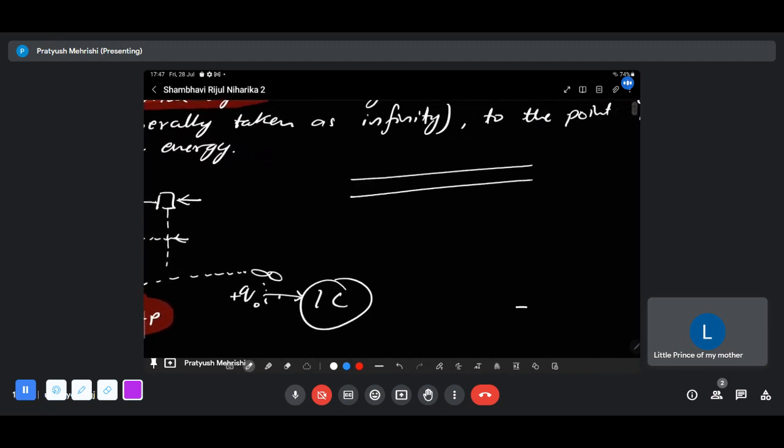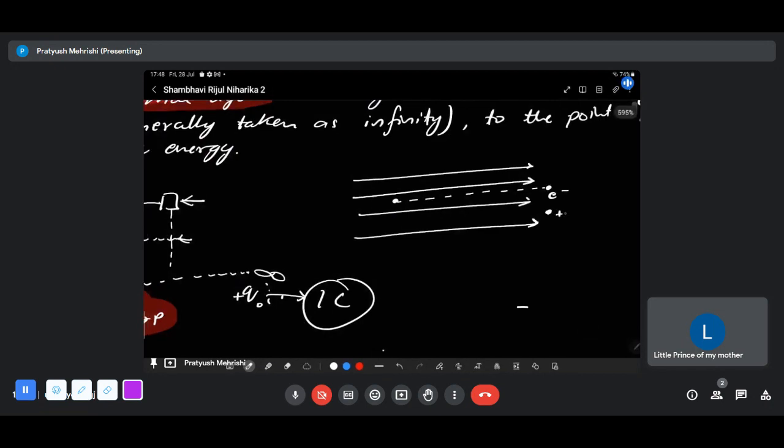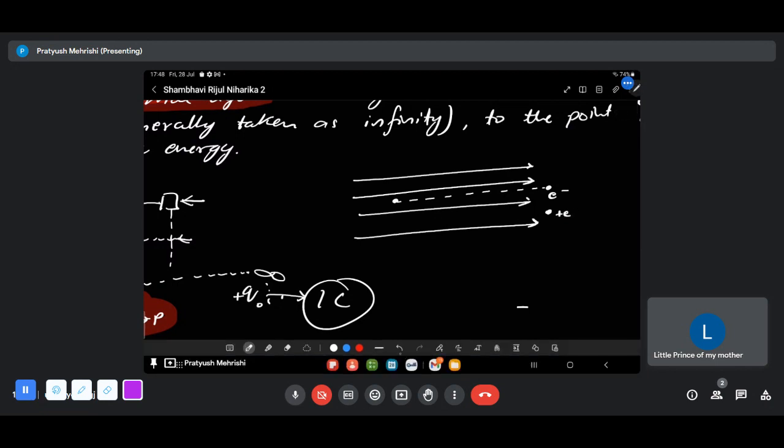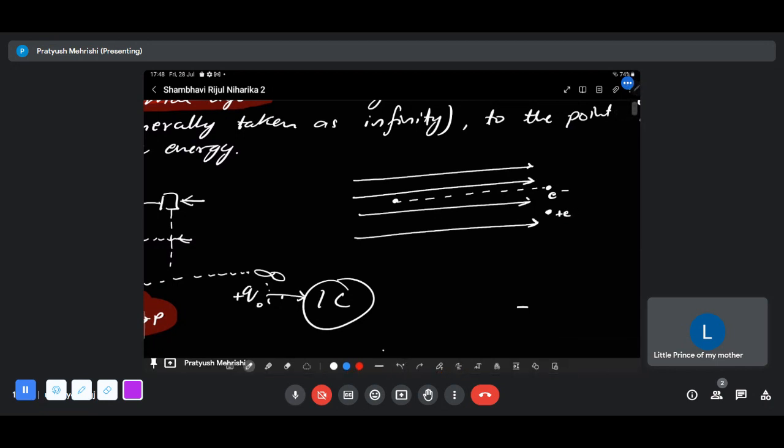See now, the potential due to some source, leave it. This is the electric field, and this is the electron. Now we are bringing this electron up to this point, and we are bringing a positive charge to the same point.